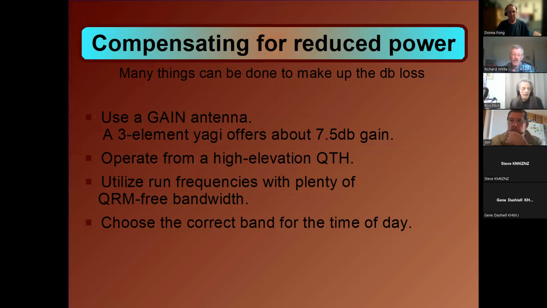The success I've had running QRP in the last few weeks comes from that Yagi, that 10-meter Yagi, and starting on 10 meters in the day and working my way down. So on 10 meters, I get the Yagi. It turns out I just recently installed an MFJ IntelliTuner.